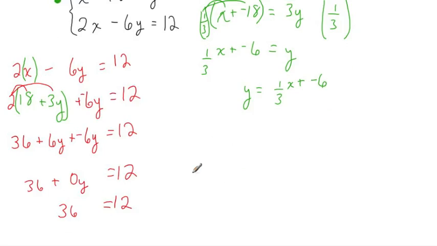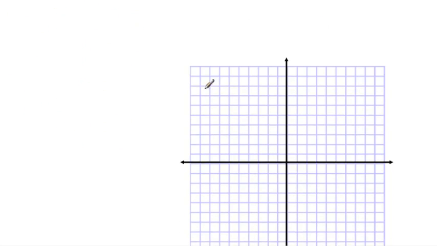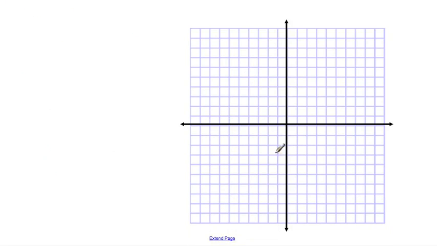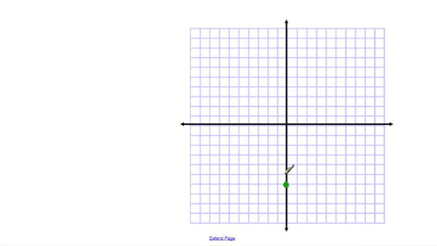So let's come down to some graph paper here, and we're going to graph y equals 1 third x plus negative 6. The y-intercept is always where we start, so we need to start at negative 6 on the y-axis. So here's where we're going to begin. And then our slope, which is the coefficient of x, is 1 third. That means I'm going to rise 1 and run 3.